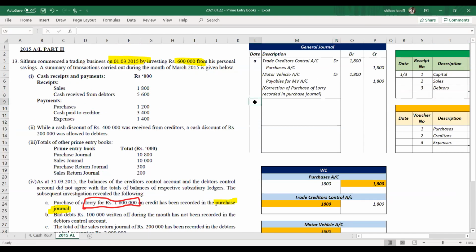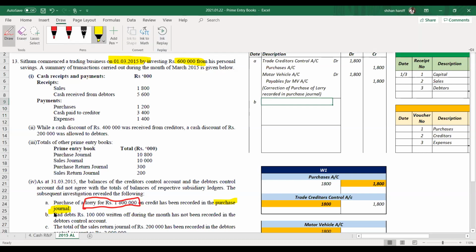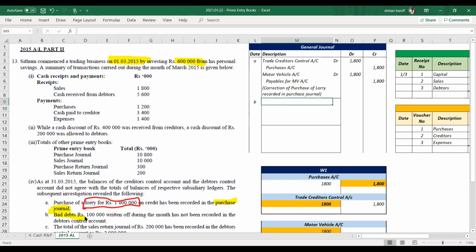Next, B. Bad debt 100,000 written off during the month has not been recorded in the debtors control account. So if it is not recorded in the debtors control account, we have to record it. Double entry for bad debt is bad debt account debit.